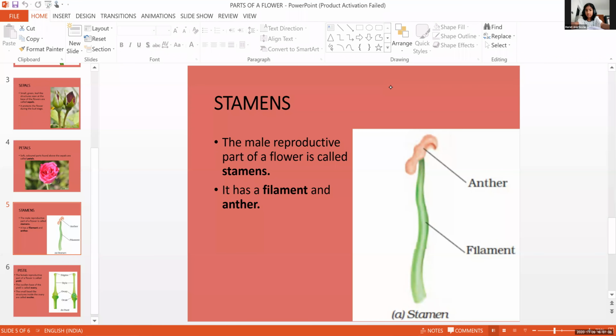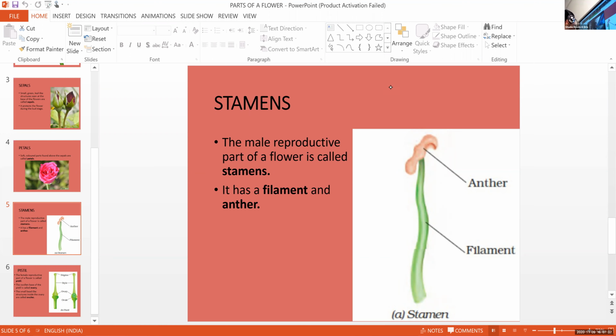It has a head-like structure. What is it called? The anther. So this is just a sample of a stamen. Different flowers have different shapes, structures and colors for the stamens also.